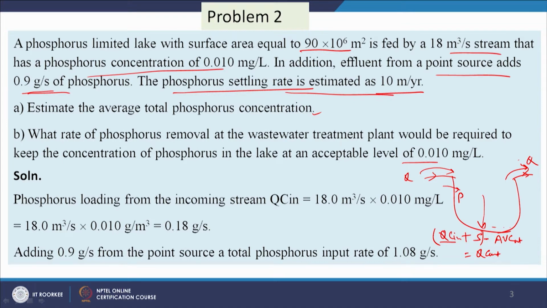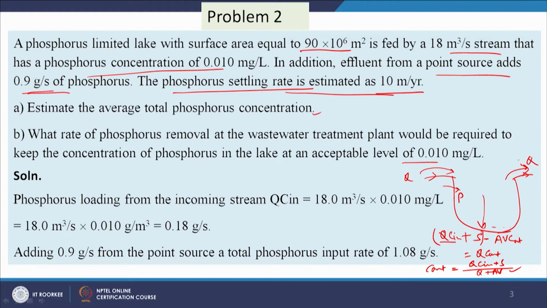So, this will be the relationship, or if we write it, C out is equal to (Q C in plus S) divided by (Q plus A V). Okay. So, this is the relationship we are getting.